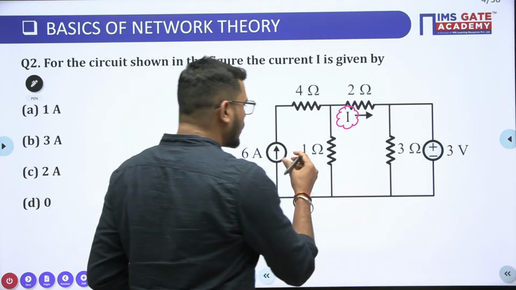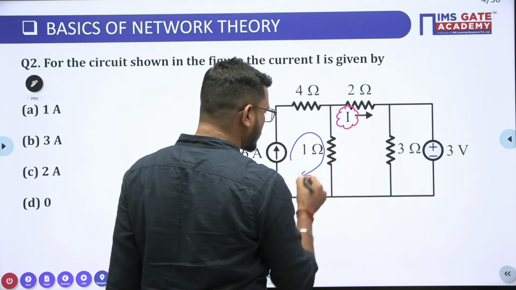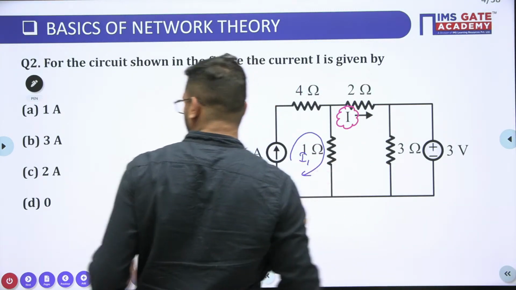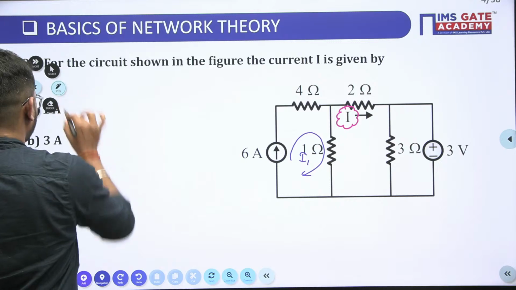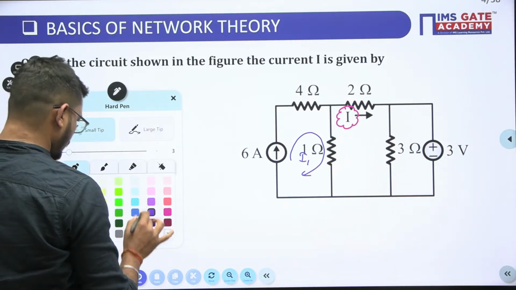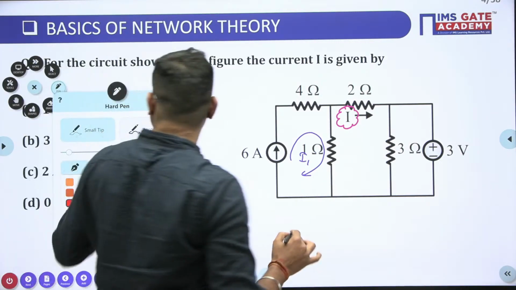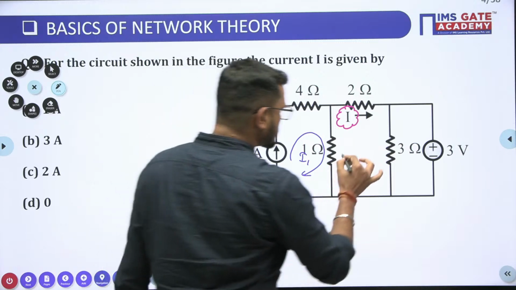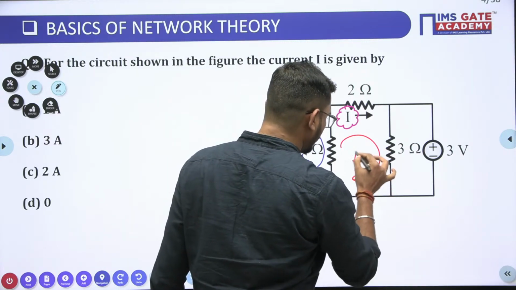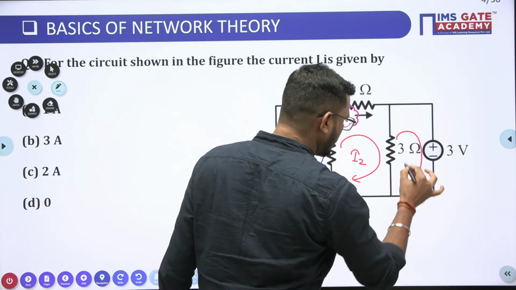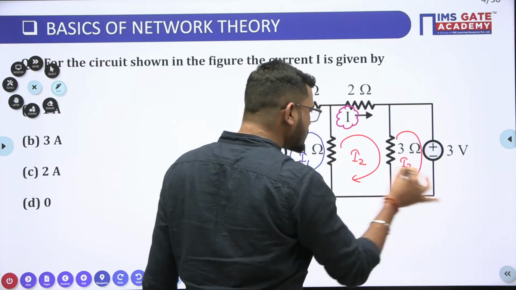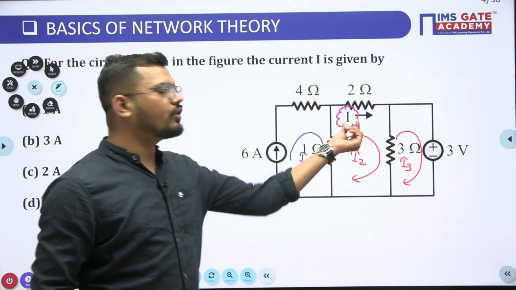We can apply mesh analysis. Suppose I am considering this current is I1, this current is I2, this current is I3, and by solving these three equations, you can get the value of I also.